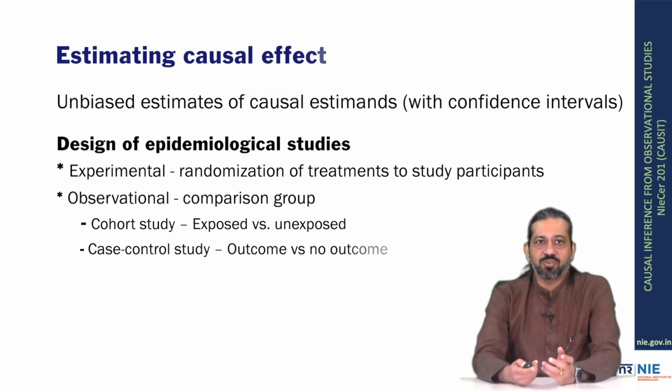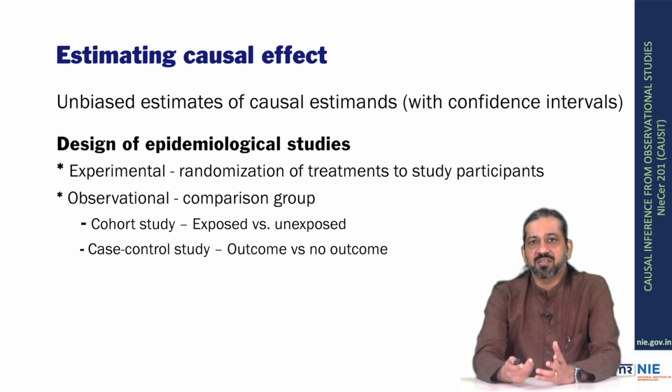However, this approach is very useful to help us estimate causal effect, right? The ultimate goal of epidemiological studies, whether they are experimental or observational in nature, is to quantify and get an unbiased estimate of the causal effect, right?